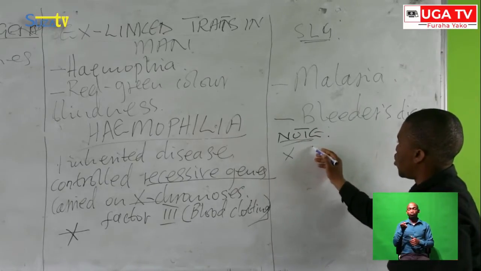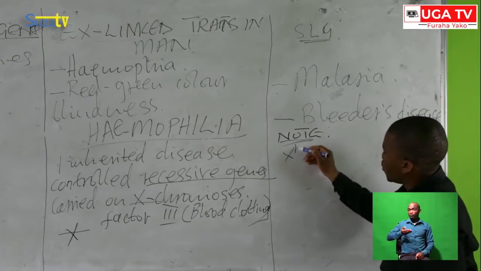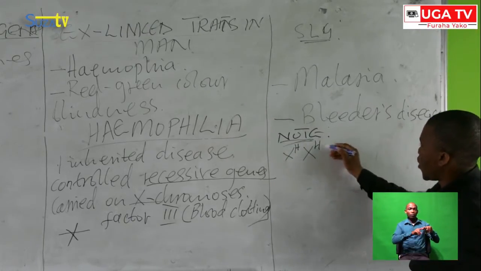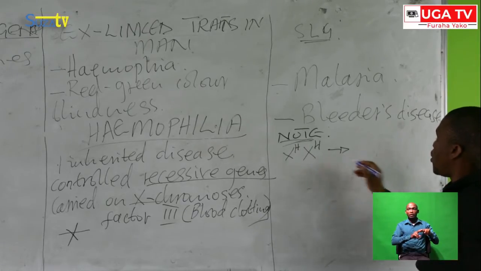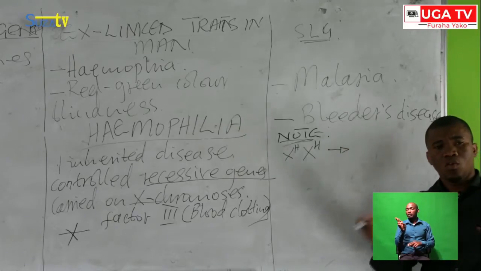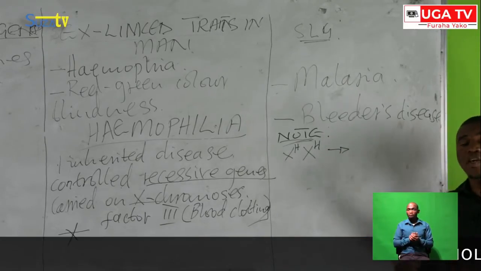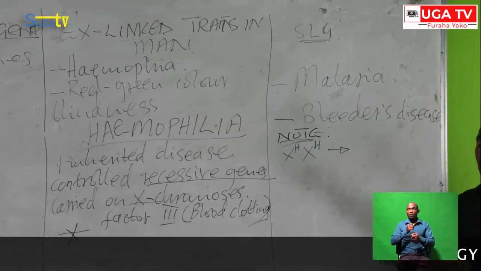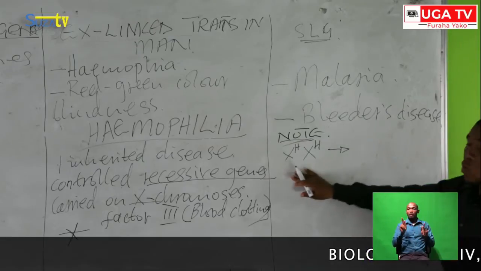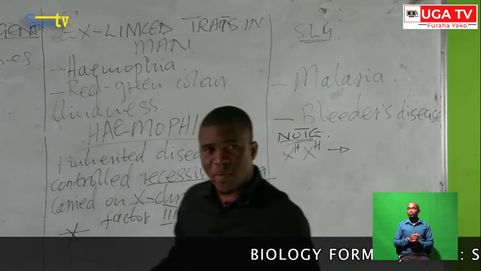Imagine here we have a female and we put a gene like this one. But which kind of female? Who can try? An affected female, a normal female, or a carrier female? Ali, can you try please?